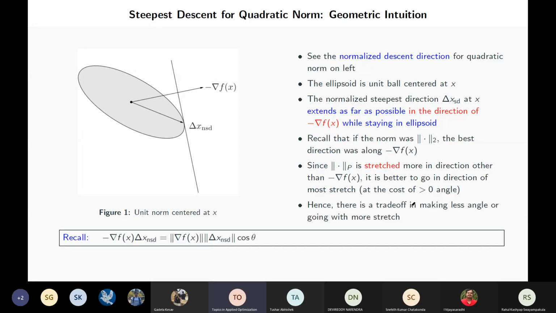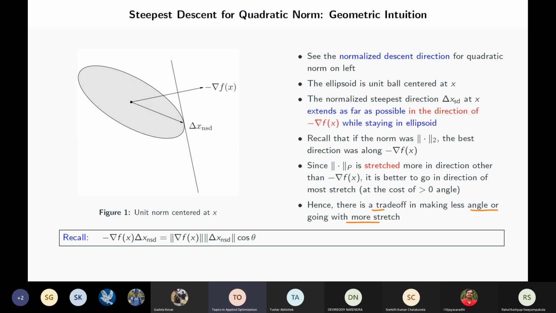So there is a trade-off between making less angle and going with more stretch. Making less angle with grad fx matters because it is a universal fact that for any function, grad fx is the direction of steepest increase, and hence minus grad fx.